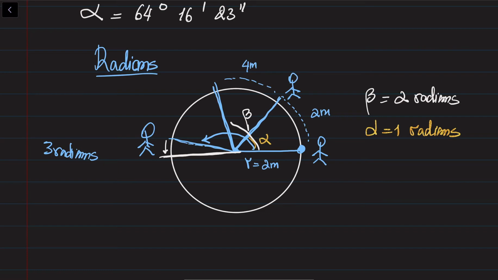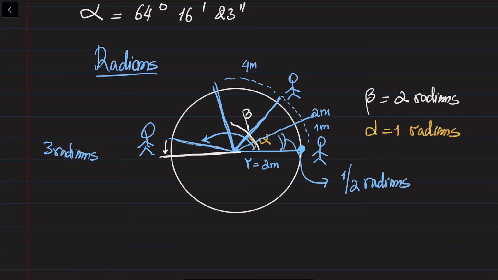So I can split the radians into pieces. For example, if I walk not 2 meters but 1 meter, then this angle is going to be half of a radian, 1/2 radian.